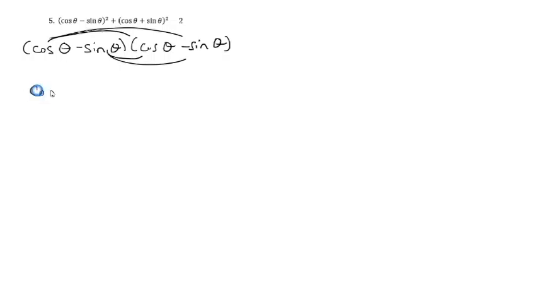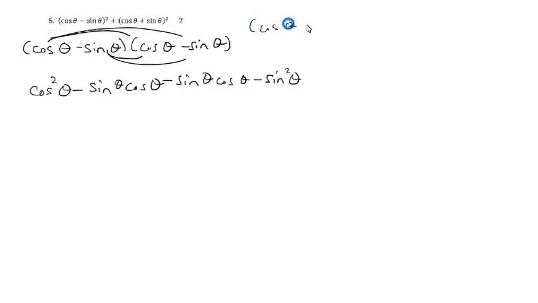Okay, so you're going to get cosine squared minus sine cosine minus sine cosine minus sine squared. And similarly for the other side, I'm going to write it over here. You're going to distribute.